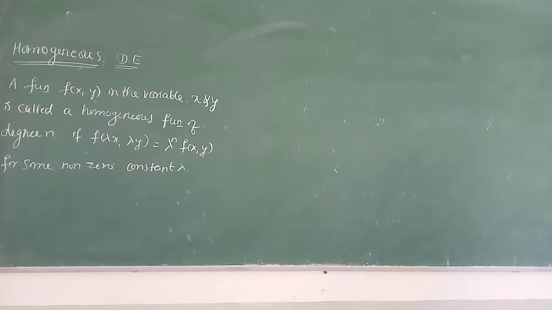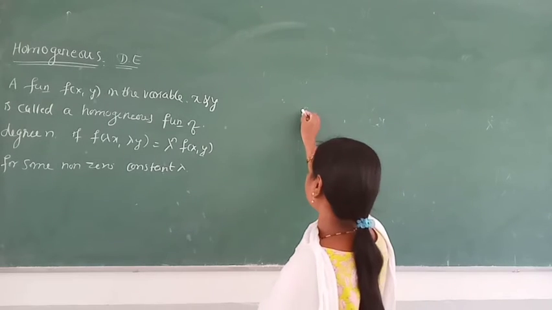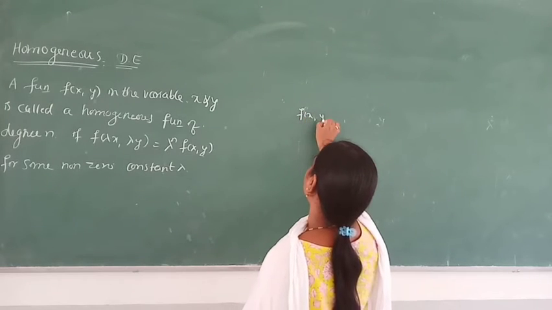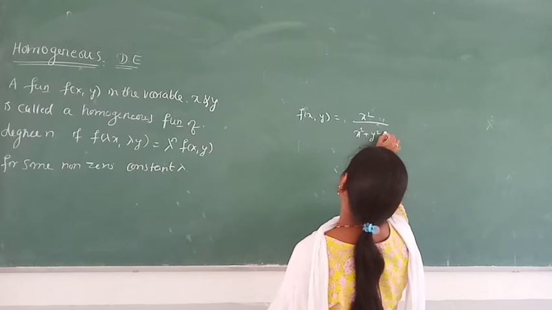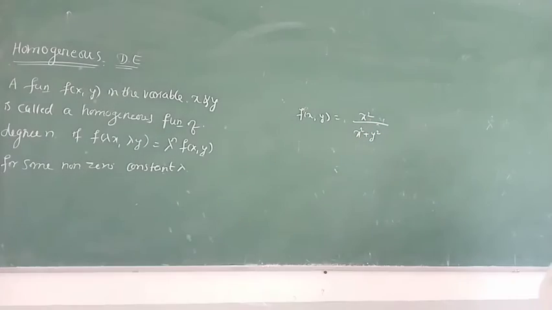Okay. Next, I will take the function f of x y, x square by x square plus y square. Just now we have done the example of verifying whether it is homogeneous or not.